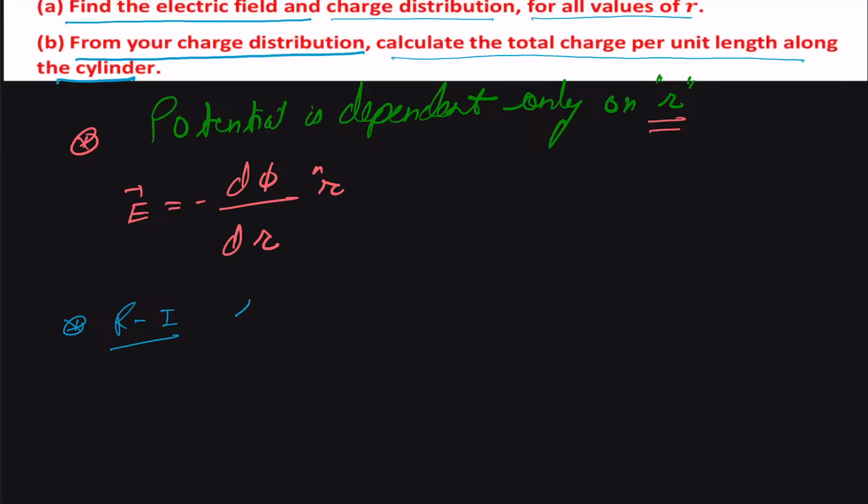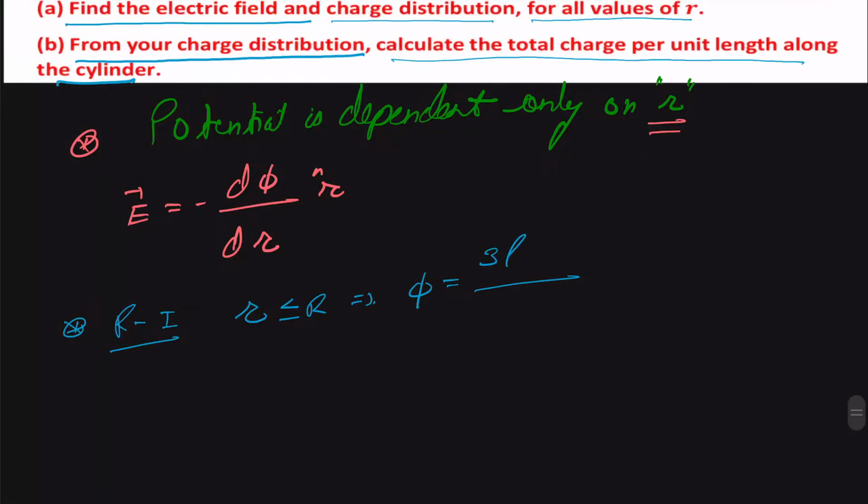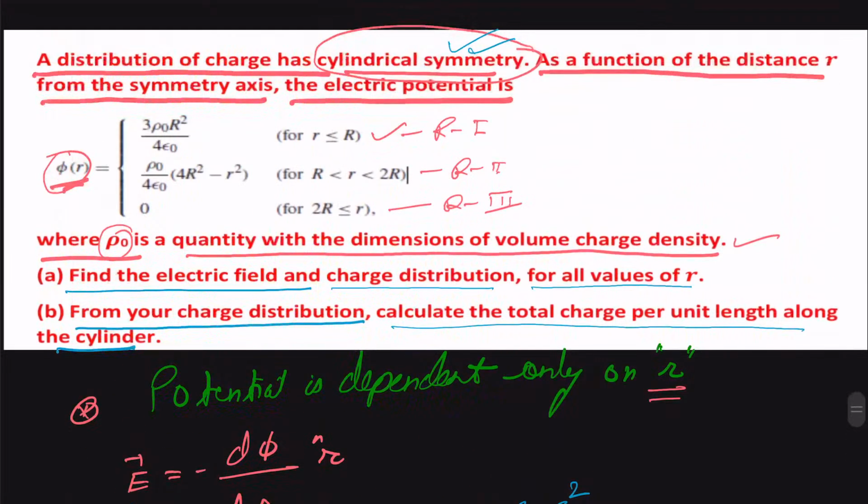In region 1, we are given that r is less than or equal to capital R. And our potential is given as 3 rho naught r square upon 4 epsilon naught. If you look closely at these three regions, our potential should be dependent upon the point where we are going to find it, which basically means that we have cylindrical symmetry.